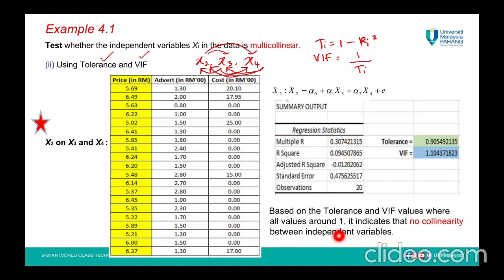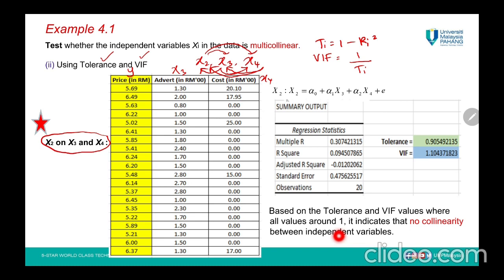So the first one is we check x2 on x3 and x4. For this case, imagine that price here actually is x2, but when we want to regress x2 on x3 and x4, price here, x2, will be y, Edward here will be x3, and cost here will be x4.